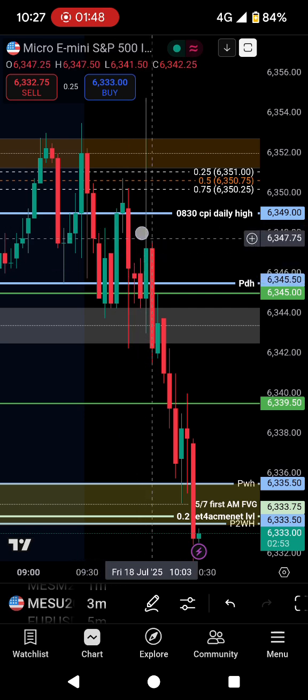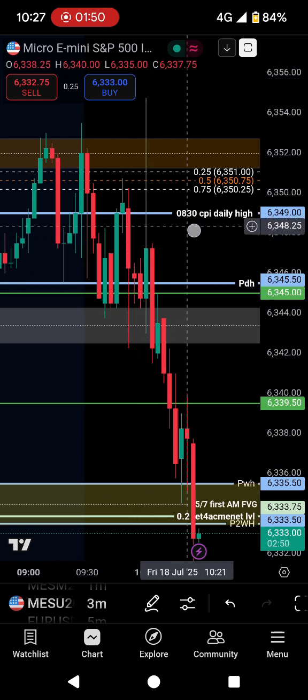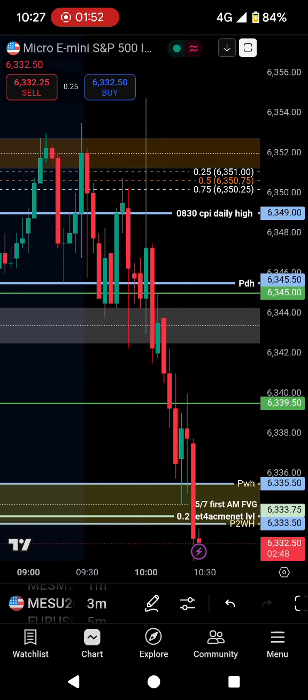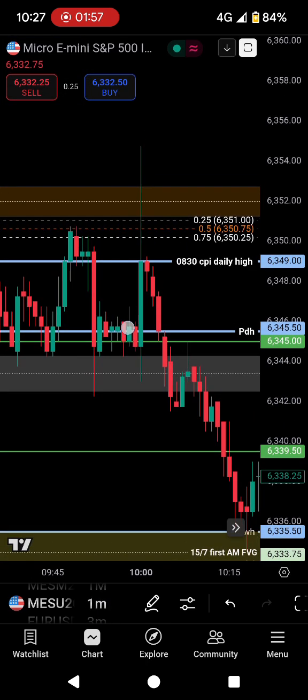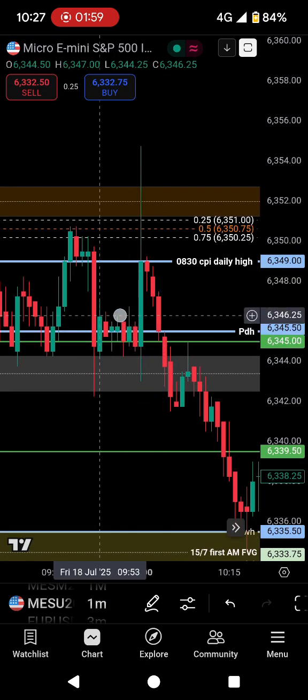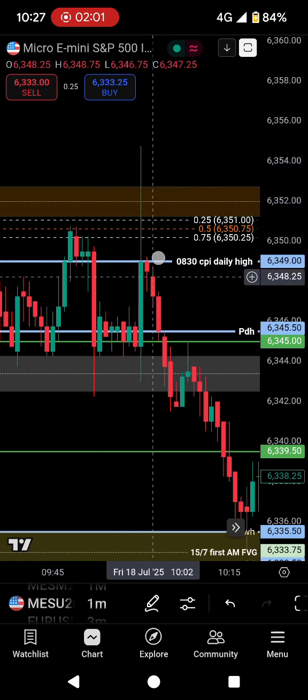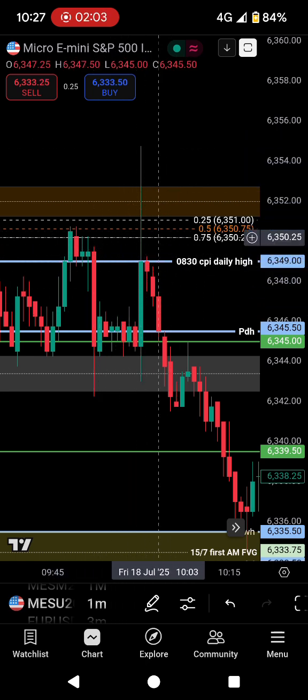And we had the CV here, even though we rejected above, but you can see we are still holding back inside the CV. If we go to the 1 minute chart, you can see the same thing here: buy side rejected at the 8:30 daily high.